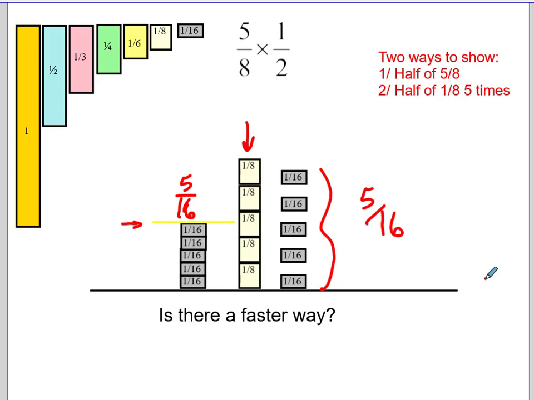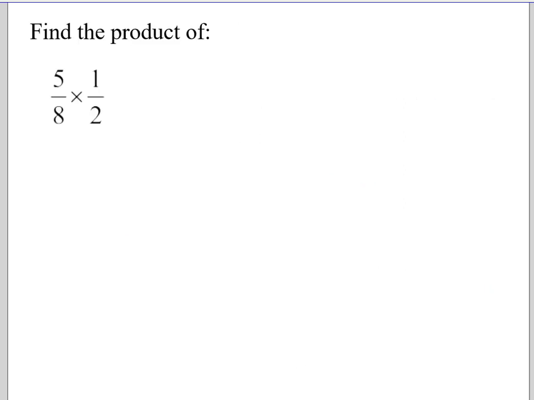Okay, so most of these techniques so far involved drawing pictures, using models, which is a great way to understand, but it isn't always the easiest way to solve a problem. Okay, so here's the shortcut that most people like. If we wanted to find the product of 5/8 times 1/2, and we've seen this a little bit already with equivalent fractions, if I multiply across the top and the bottom, I get 5/16, which is what the answer was in the previous model.